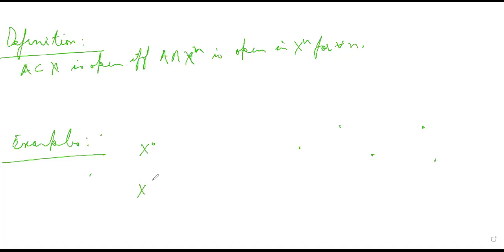Now you want to construct X1, so you need to attach one cells. You consider the closed one ball, that is the closed interval or closed arc, and you have to map the boundary points to X0.